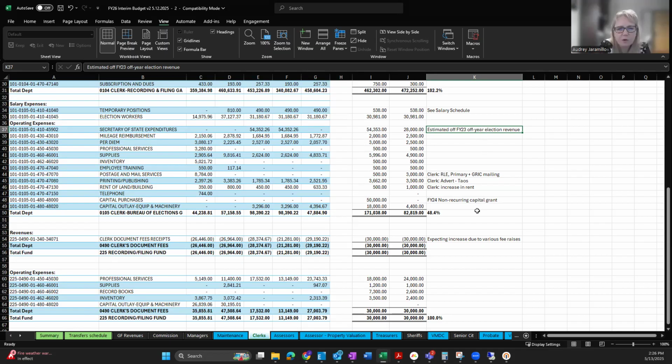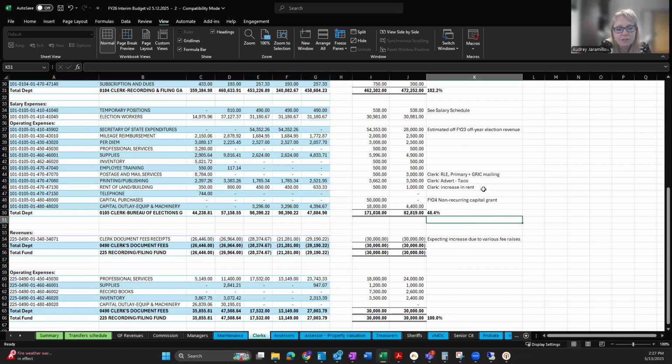What I remember from the workshop was that we were going to have Justin take a look at a similar year, which I think he did. He went back to a previous year where there wasn't the general election, and that was the number. Oh yeah, it says right there, the FY23 year that he looked at.